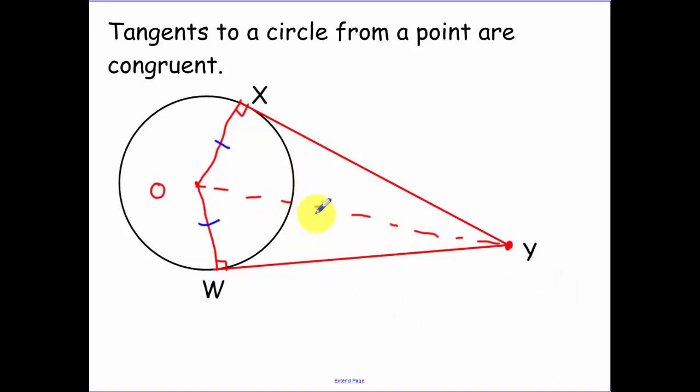We also know OY is congruent to itself. And OXY and OWY are going to be right triangles. So triangle OXY is congruent to triangle OWY. By what reason? We have hypotenuse, leg, by our hypotenuse, leg theorem.